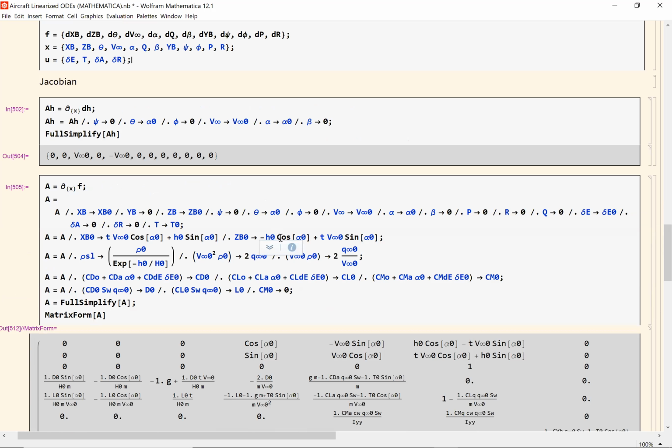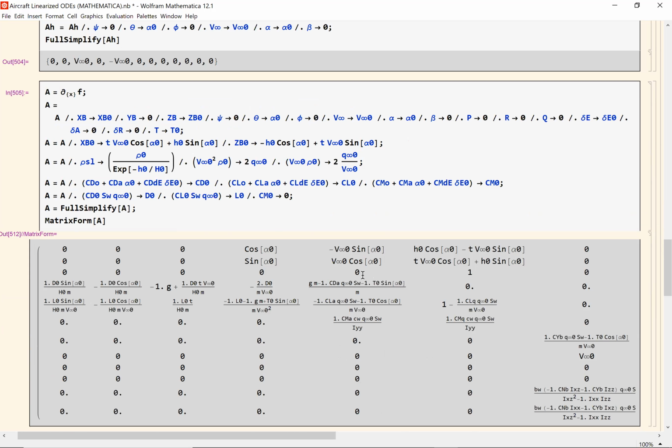Well, that's great. It's going to simplify greatly our analysis. And in fact, the first 6 states represent the so-called longitudinal dynamics of the airplane, whereas the other 6 represent the lateral dynamics of the airplane.